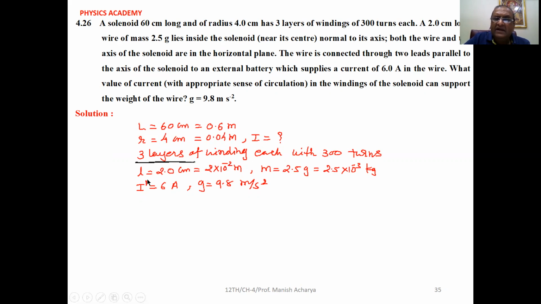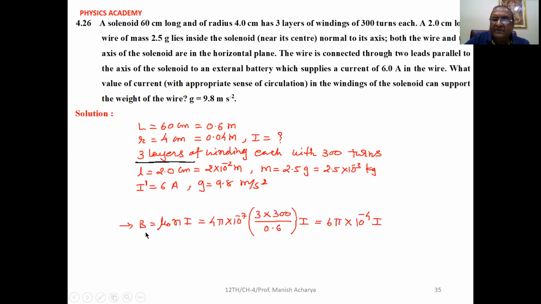Length of the wire, that is 2 centimeter, so that is 2 into 10 raised to minus 2 meter. Mass of the wire, that is 2.5 gram, so that is 2.5 into 10 raised to minus 3 kilogram. Current through the wire, that is 6 ampere. And g we have to take 9.8 meter per second square.